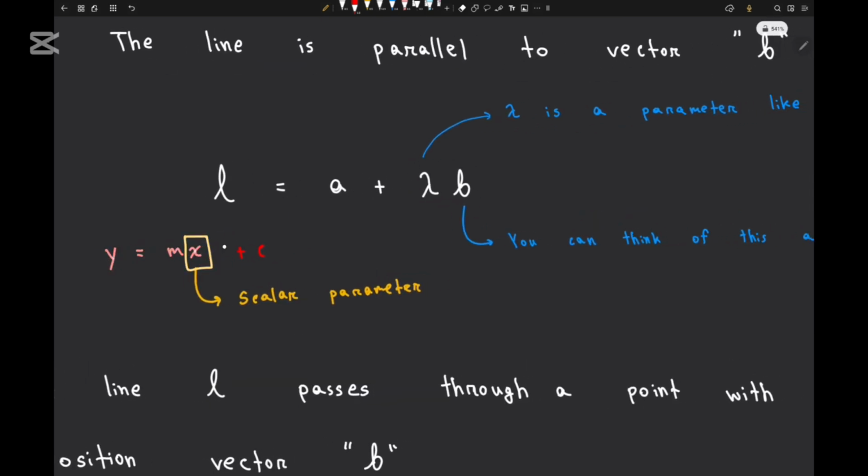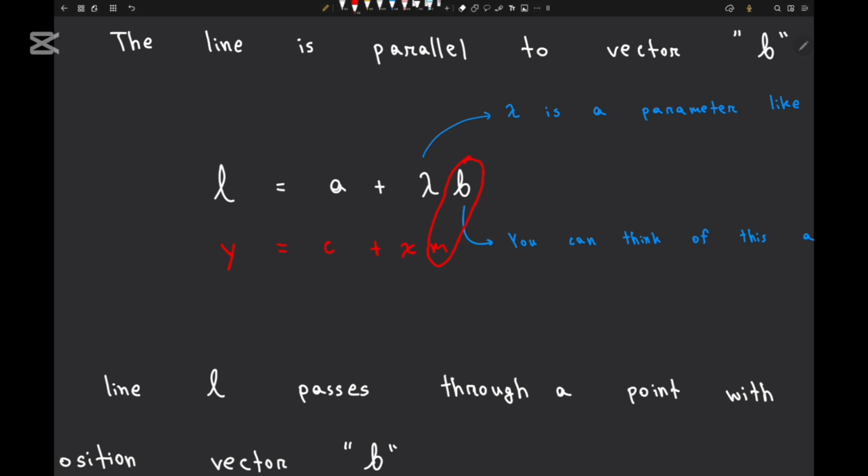Now, if you look at this equation, you can see that this is in the form y equal mx plus c. So this is x and this is m. Now, as you can see, the vector b can also be known as the gradient of the line.